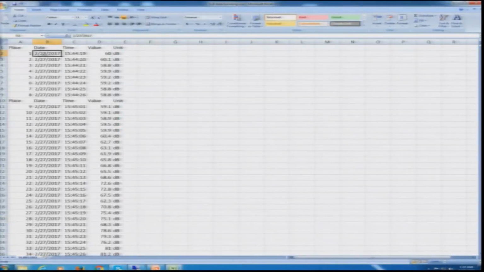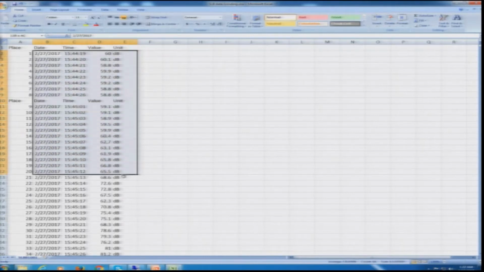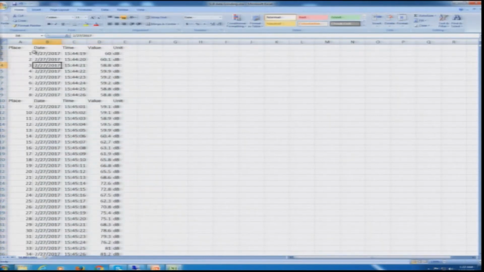In this sheet I have the output from my sound meter. This is one machining process or one treatment. You can see 15, 44, 19, then 20, 21, 22, at each second pulse the recording is being carried out. So this is my sound recording at these points.